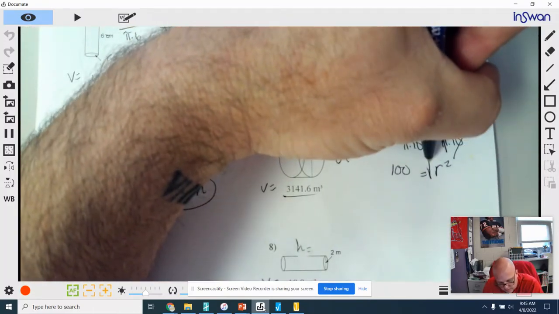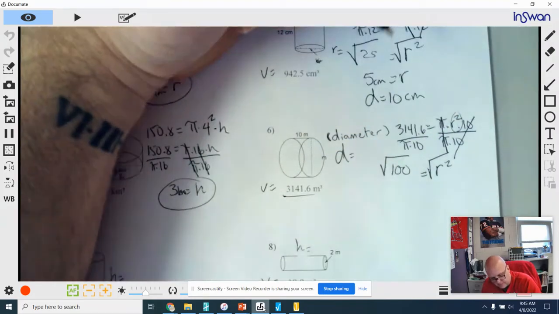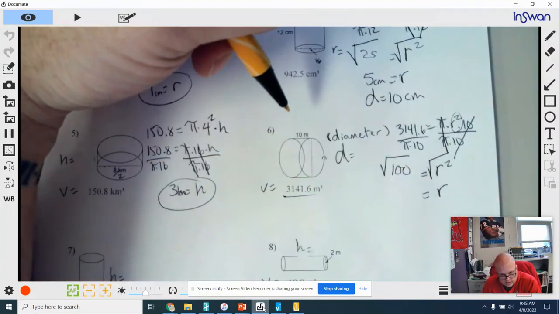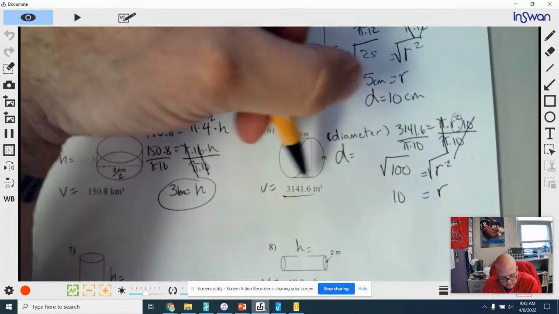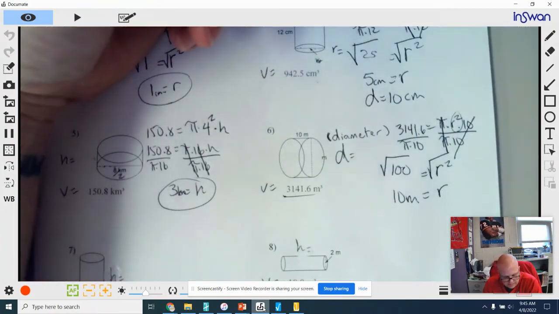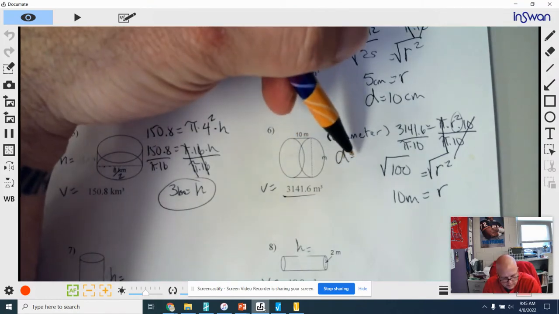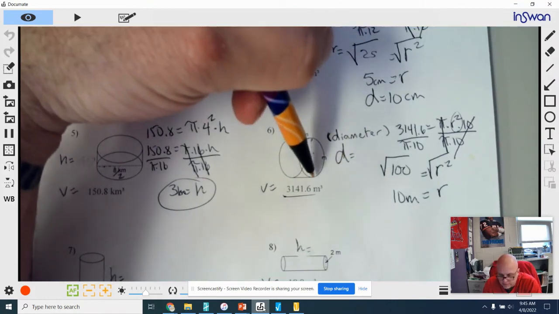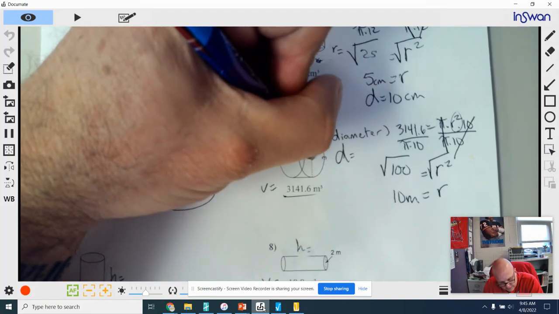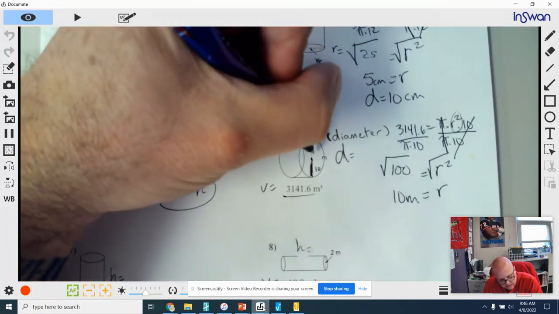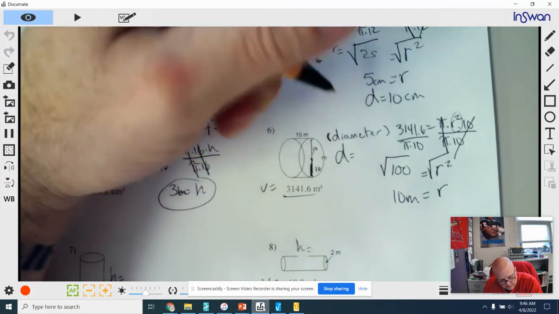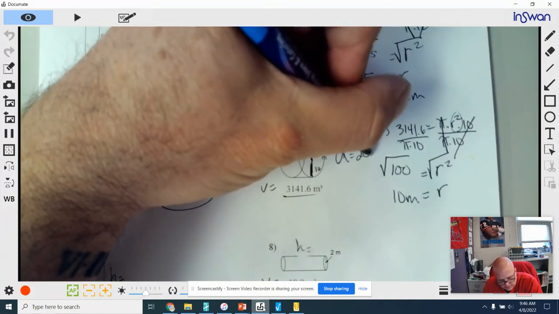So I want to take the square root, which gives you r, and the square root of 100 gives you 10. Okay, put your label on it. We're talking about meters. But if you look at the original problem, it's asking to find the diameter. So radius we know is just from here out. And if our radius is 10, if I go the other way, there's another 10. So you just double it. So it's 20 meters.